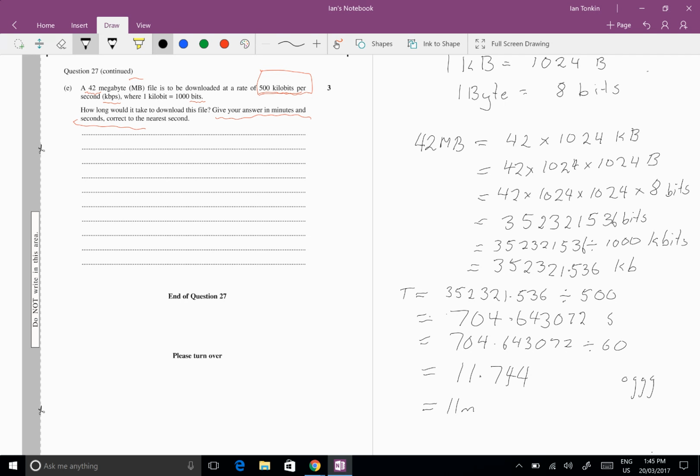11 minutes and 44.38 seconds. 11 seconds, and then you get your other one here, 38. Now usually you go, oh, it's not 0.38 because it's done at degrees, minutes, seconds.